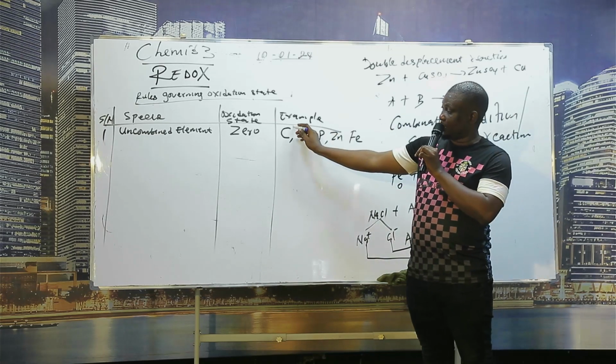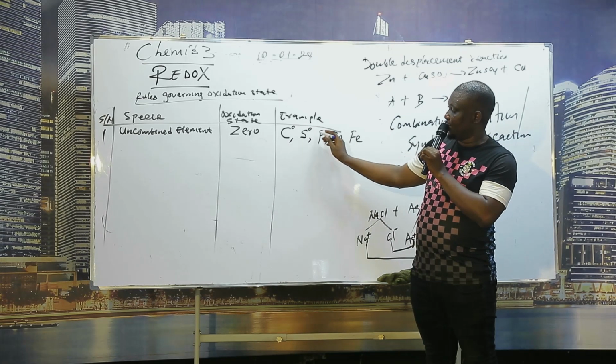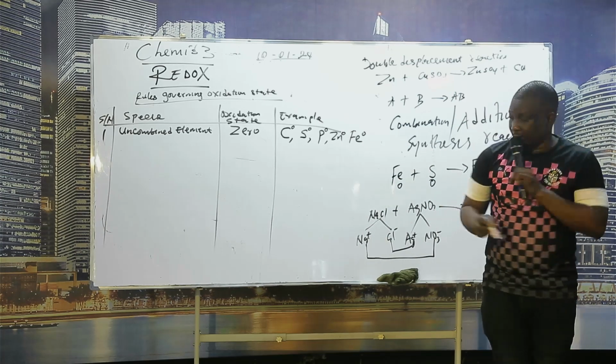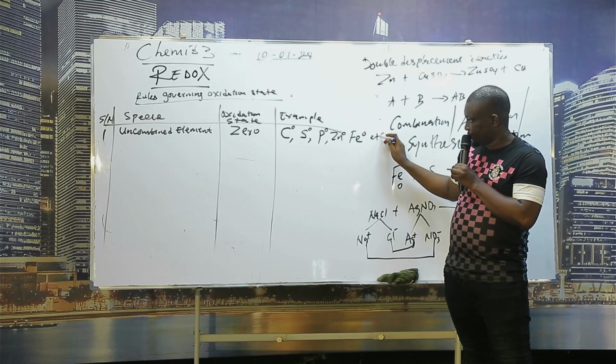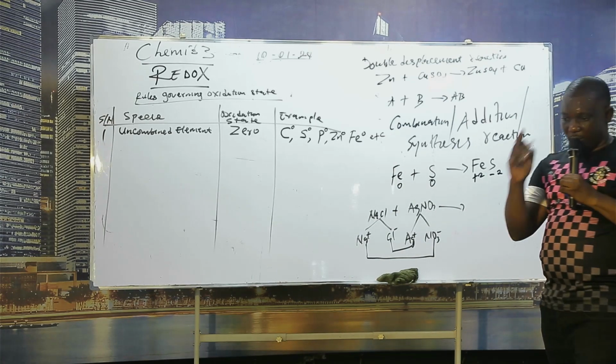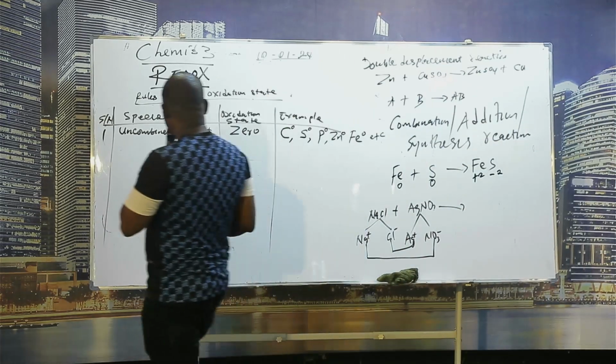So for this kind of element in the free state, they will always be 0, etc. There are so many of them. That's rule number 1.